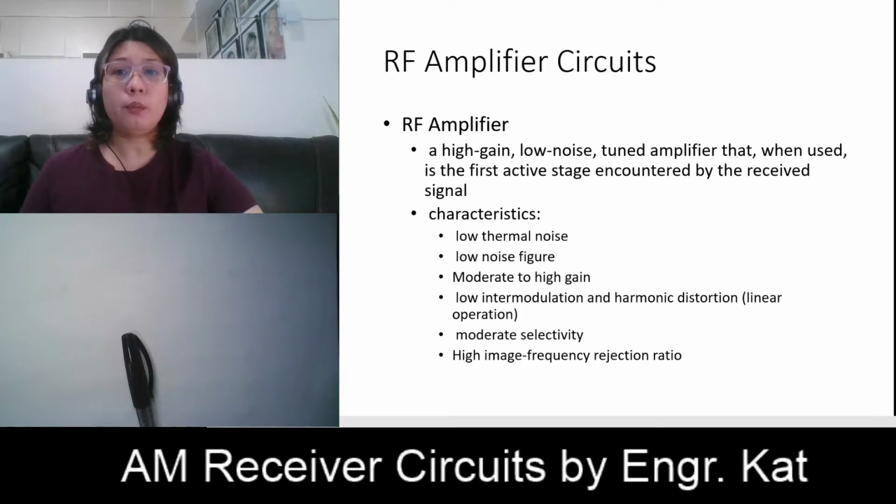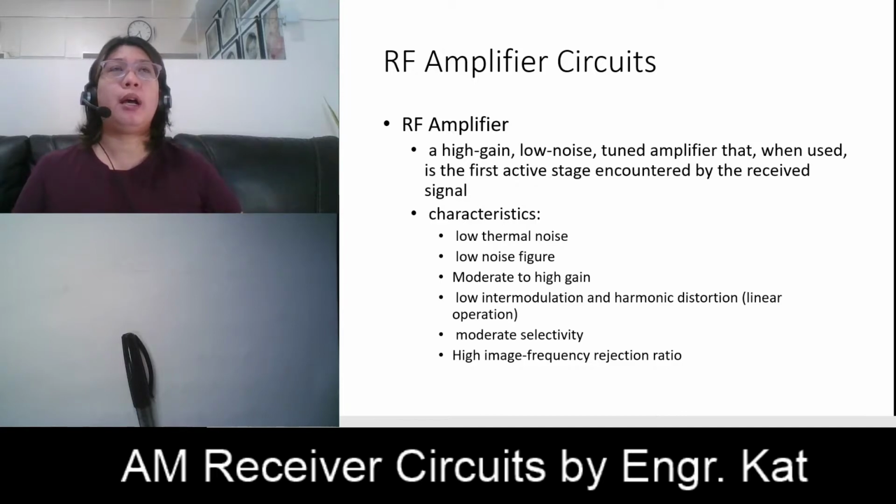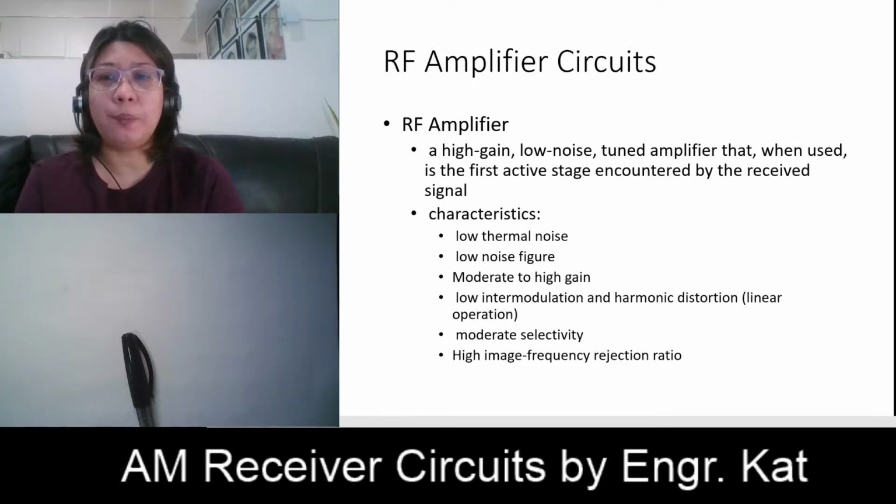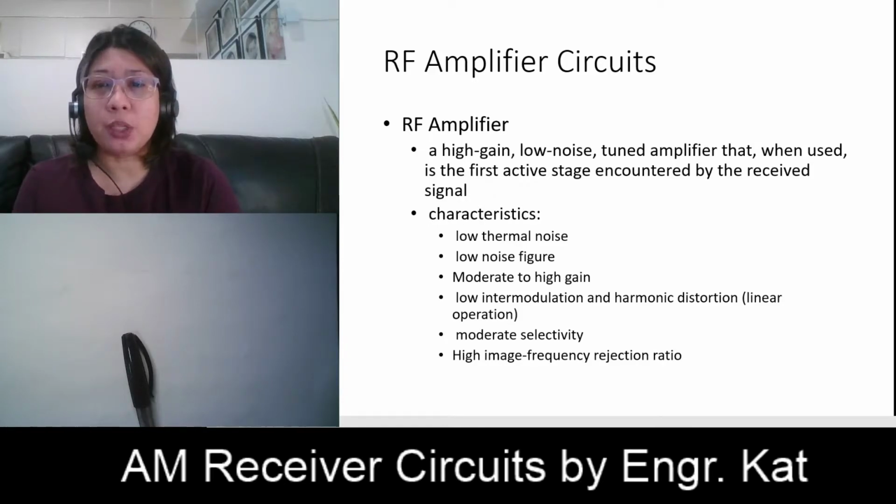There are times that some circuits don't have an RF amplifier in their RF section. However, having an RF amplifier will give us the following characteristics. If we have an RF amplifier in the first stage of our receiver circuit, we can experience low thermal noise and low noise figure, which we have already discussed in the previous videos.